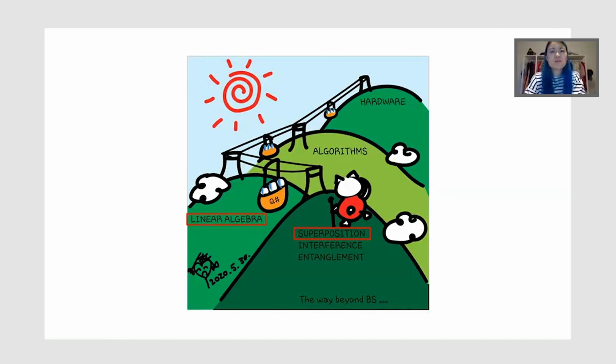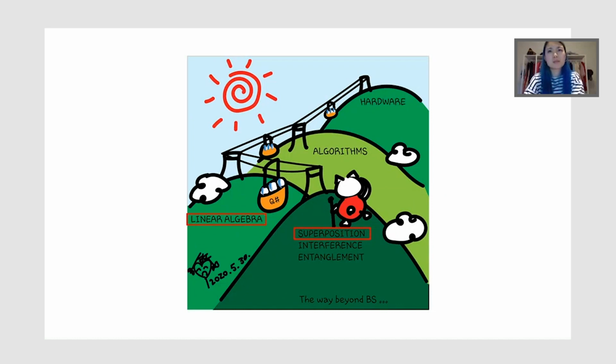So we have very quickly covered what superposition really means. And now you have a qubit. How is it going to be used? We need to be able to manipulate it. And how we do that is to use linear algebra.